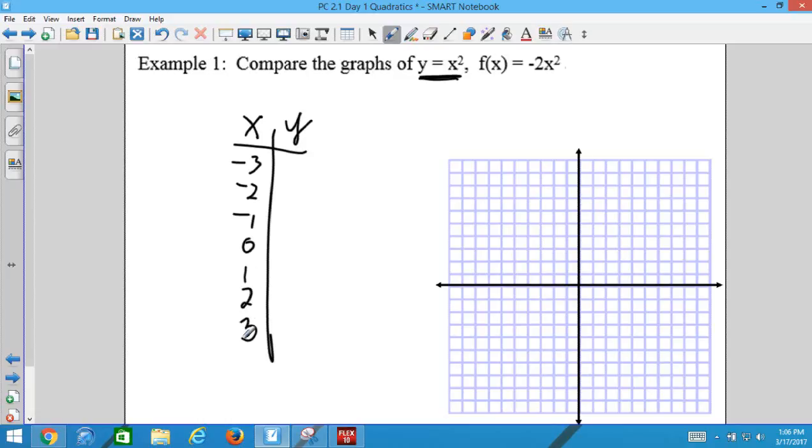Watch how fast I can do it. 0 is 0, 1 is 1, 2 is 4, 3 is 9. We're just squaring it. So I go out 1, up 1, out 2, up 4, out 3, up 9. This is a parabola. It's symmetric, so it's going to be the exact same on the other side. Negative 1 is 1, negative 2 is 4, negative 3 is 9.